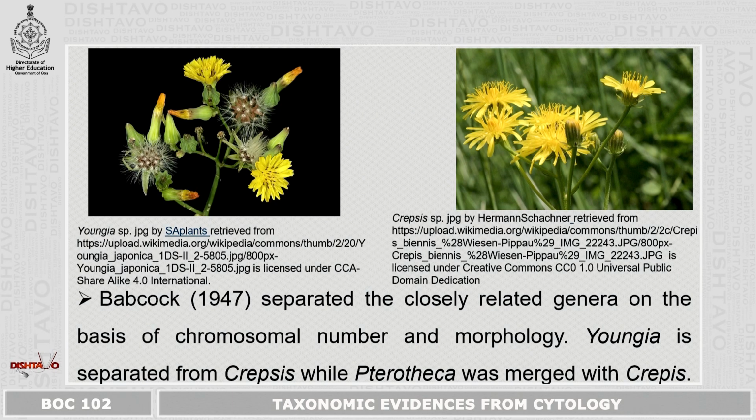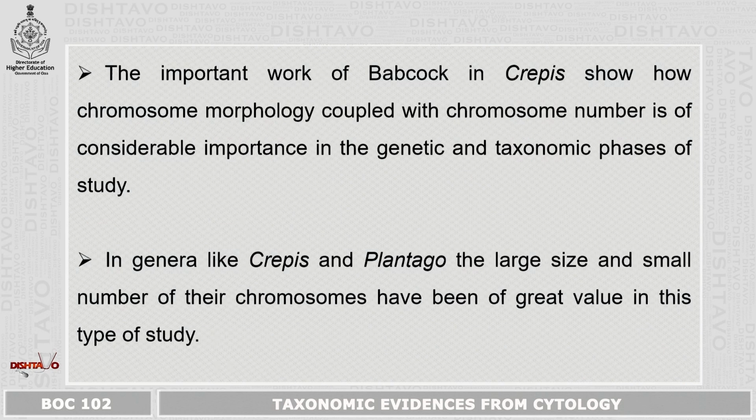Now, Babcock in the year 1947 separated closely related genera on the basis of chromosome number and morphology. What Babcock did is, Youngia is separated from Crepis, while Pleurothecia was merged with Crepis.